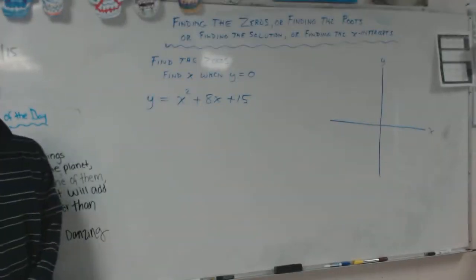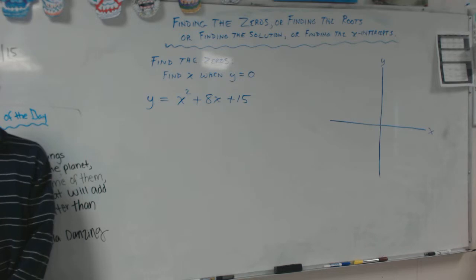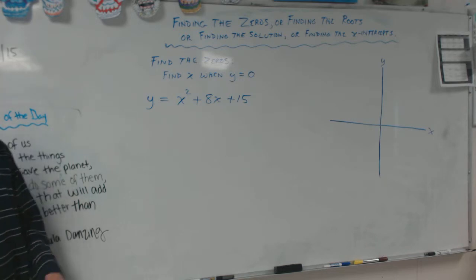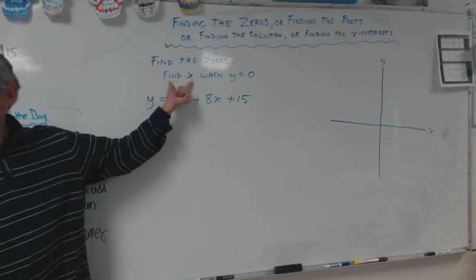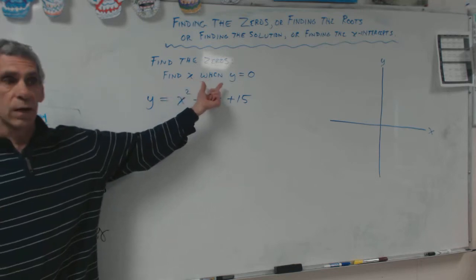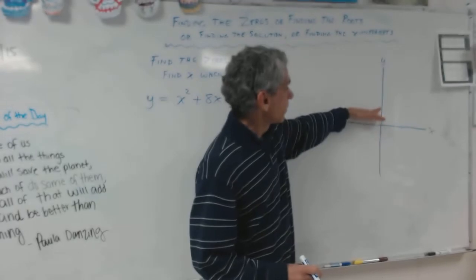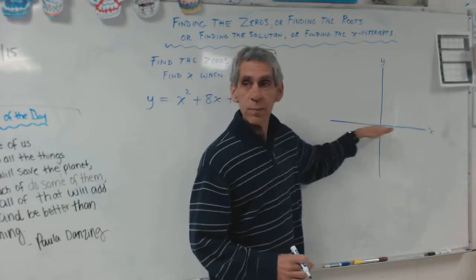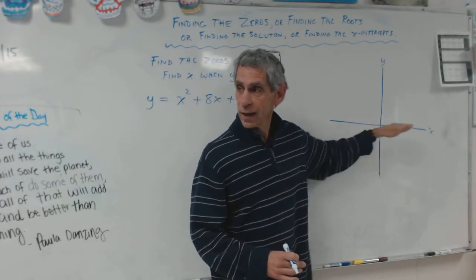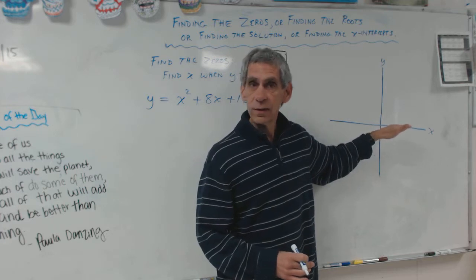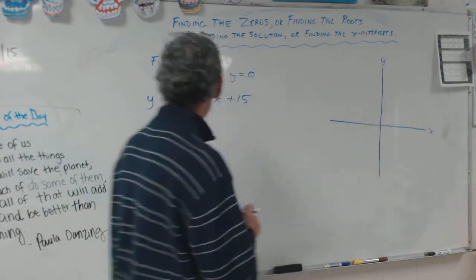And I asked you to find the zeros. That means find the x's when y is 0. I care about when y is 0, where does my parabola cross the x-axis? That's what it's telling you. It's telling you where that parabola is crossing the x-axis.